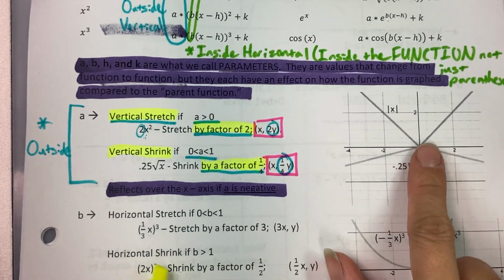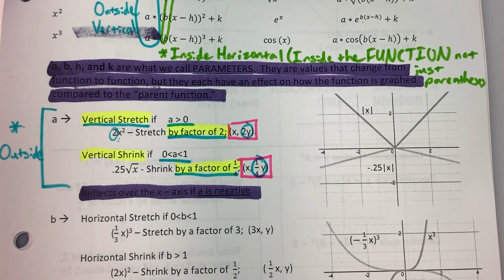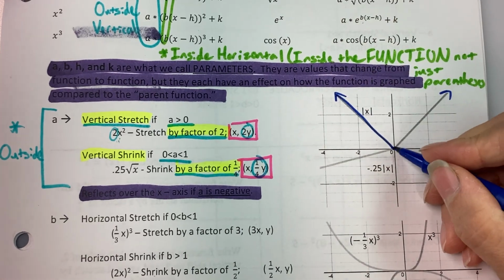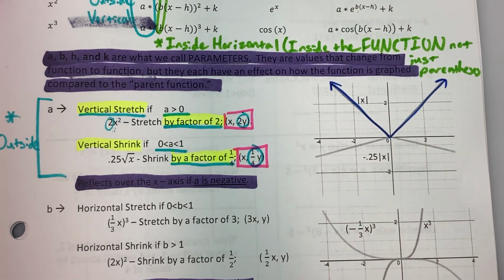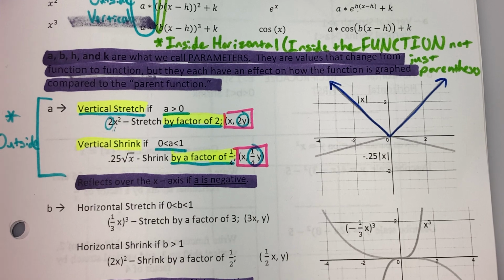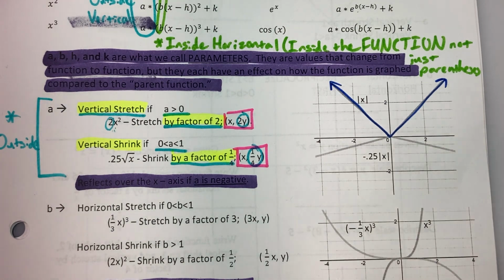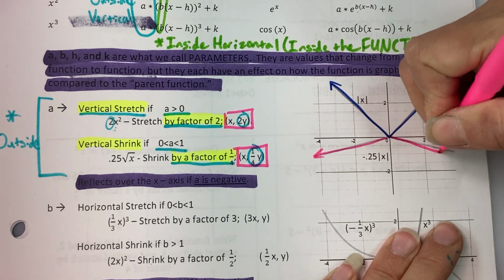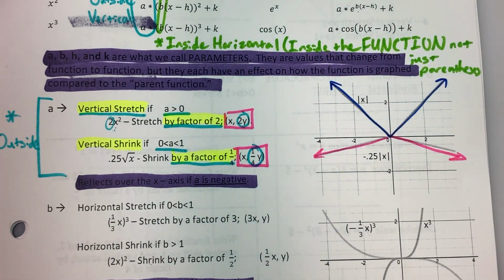So folks, looking at this example to the right, we have our parent function, absolute value graph, and then we have this graph below. Now, as we're looking at that little expression, how many transformations are occurring here? If you're looking at it going, well, it's just negative 0.25, wouldn't that just be one transformation?